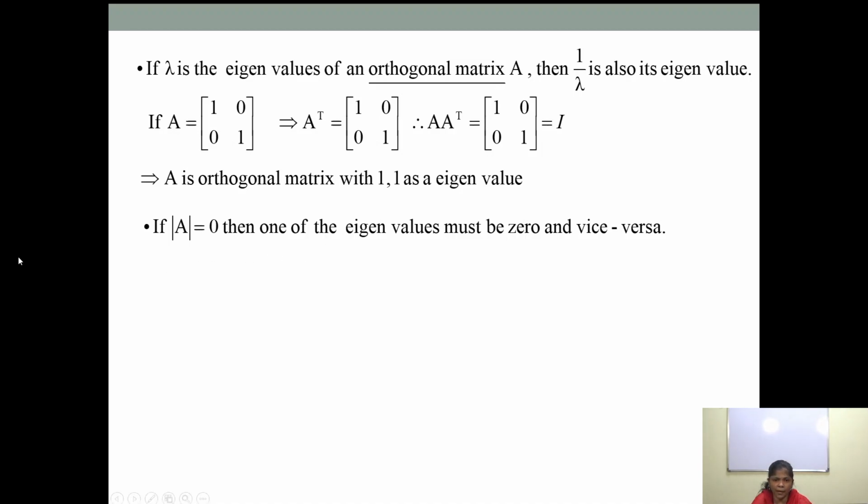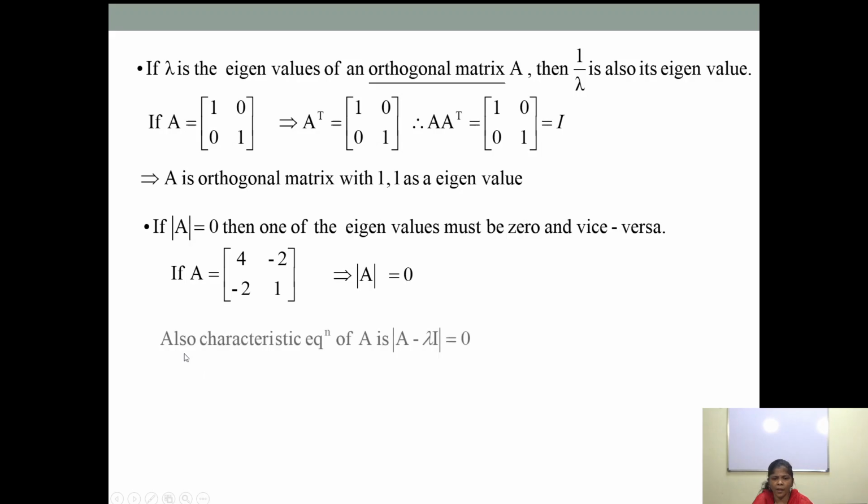Right. Now the next property: if the determinant of A is 0, then one of the eigenvalues must be 0, and vice versa. Let us check. If A is this, find its determinant. Obviously it comes out to be 0. So we find the characteristic equation in order to find its eigenvalues.